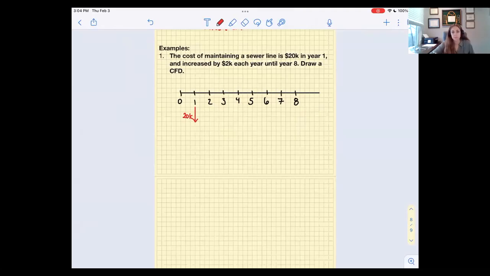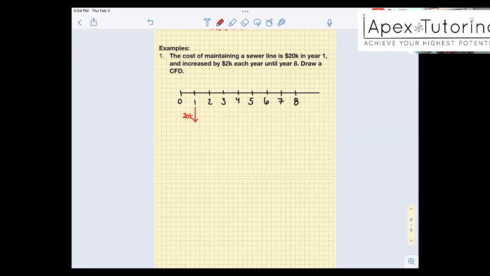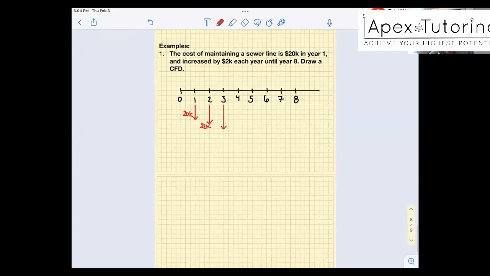What would it be in year two? $22. Very good. 22K. And then what? 24. Yes.